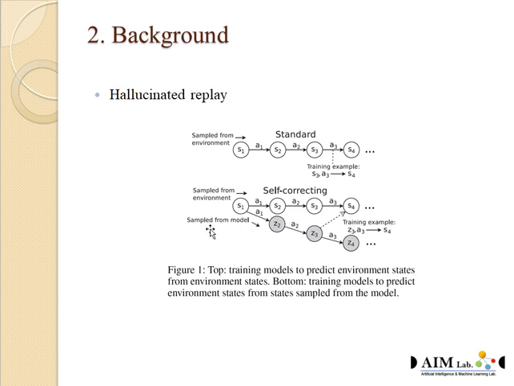But in this case, we sample from the environment and our model, or any model, and we have some hallucinated states. Sometimes we update S4 from the Z3 hallucinated state and the action of the environment sample.